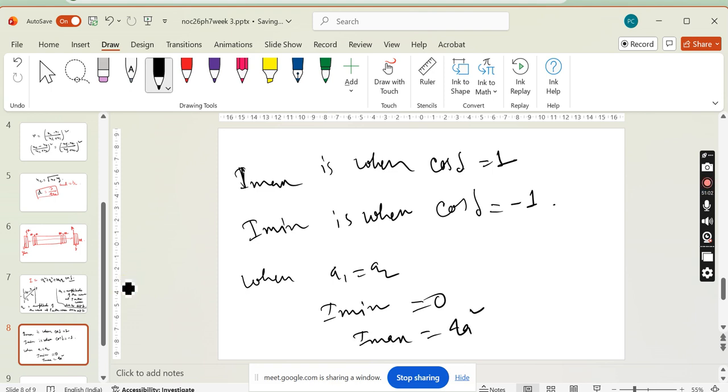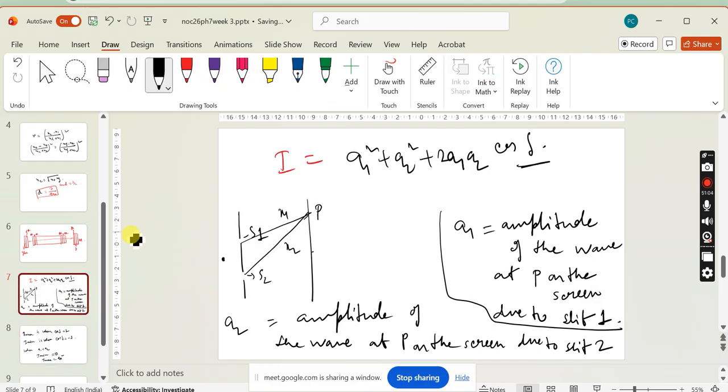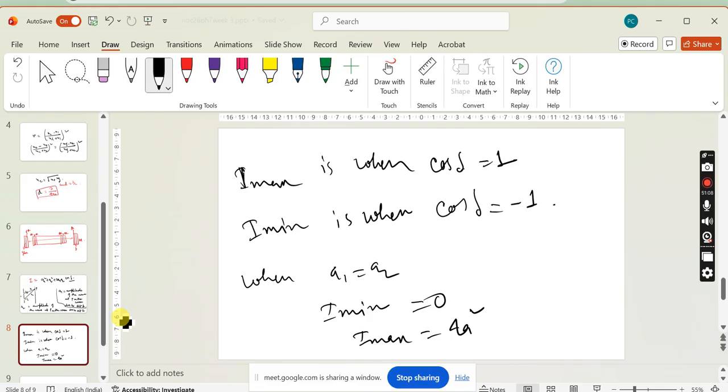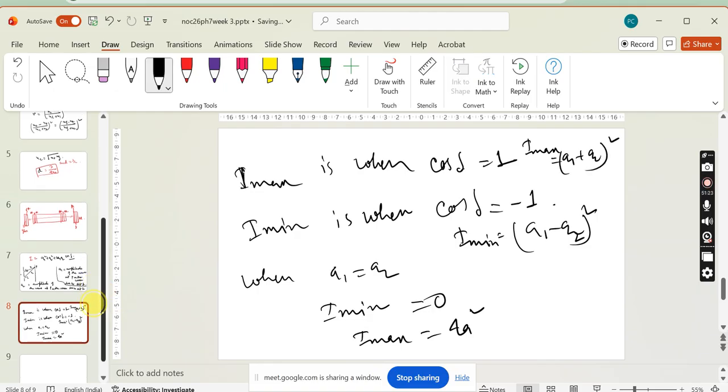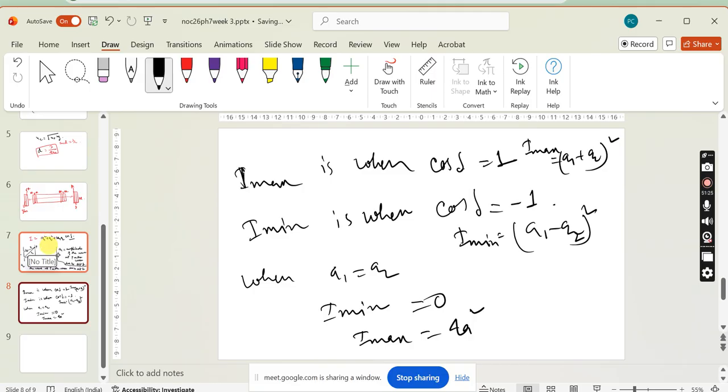But if A1 is not equal to A2, we get I min as (A1 - A2) squared and I max as (A1 + A2) squared. So if the amplitudes are not equal, we do not get complete darkness.